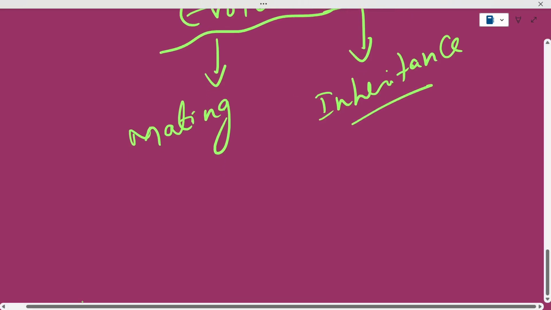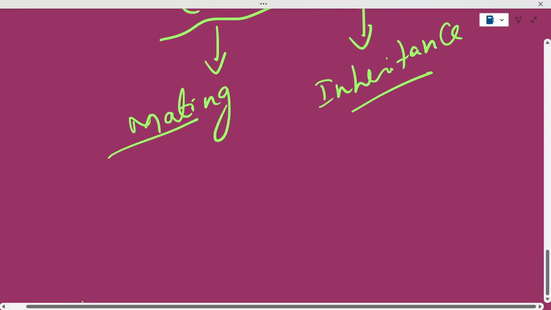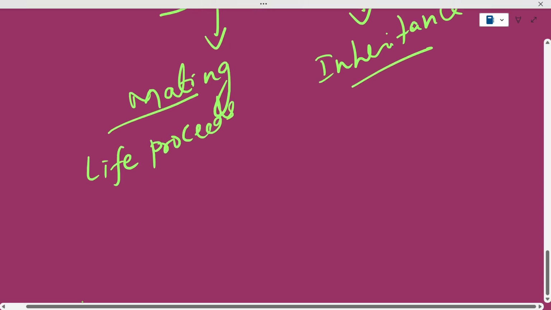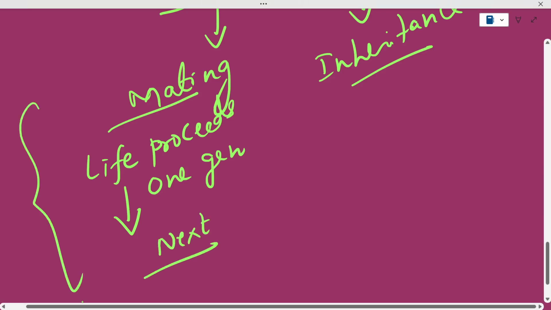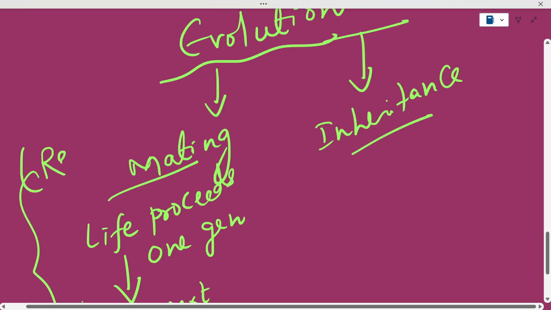So mating is the mechanism by which life proceeds ahead. Life transmits from one generation to the next. So mating is the procedure, and you may equate mating with reproduction.